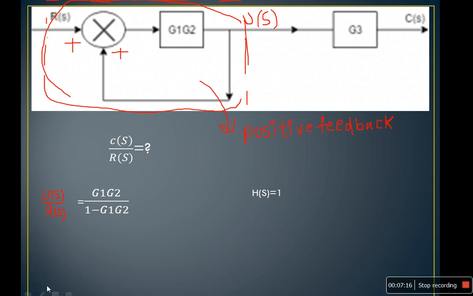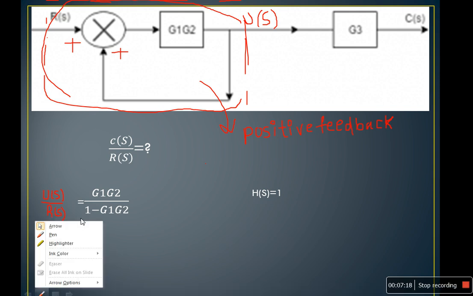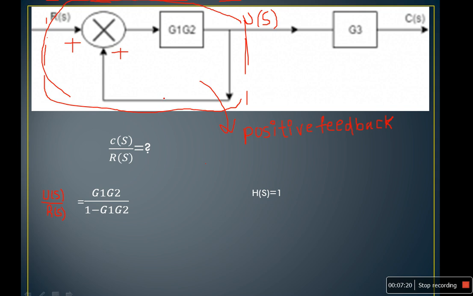Whenever in the feedback path we are not having any value, that will be represented with 1. For positive feedback the formula is G of s by 1 minus G of s into H of s. In place of G of s I am having G1, G2. In place of H of s I am having 1.